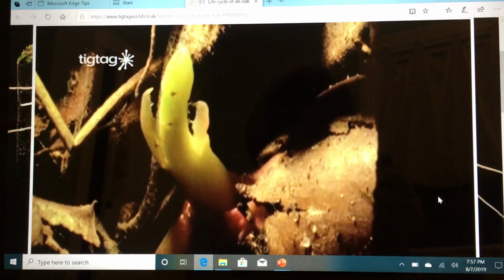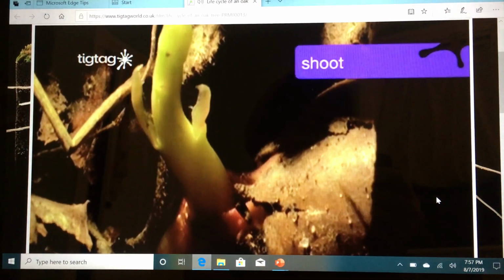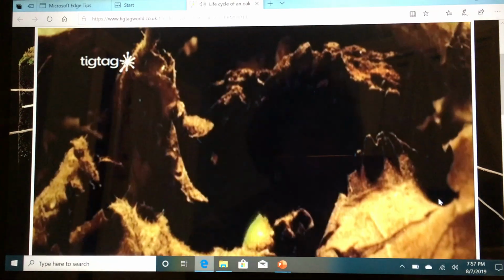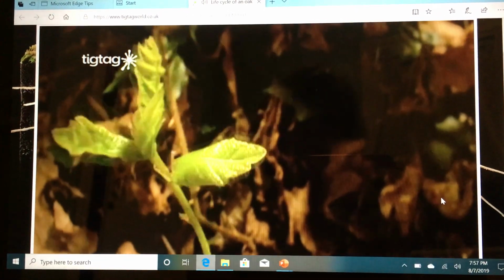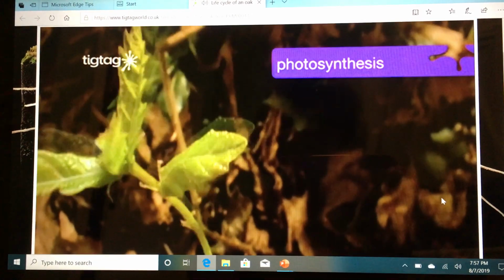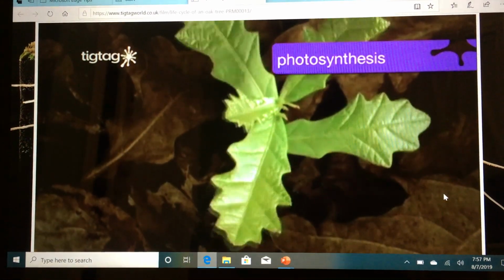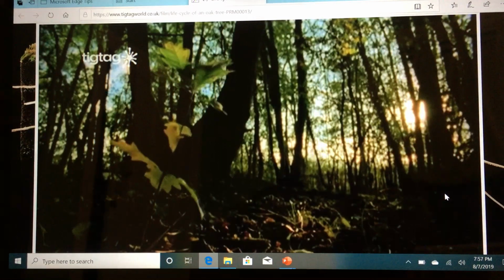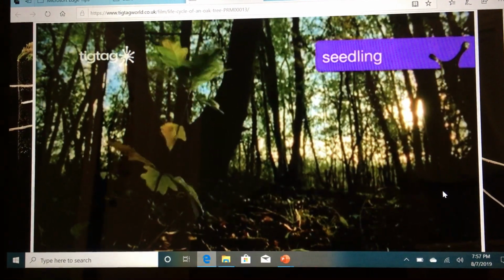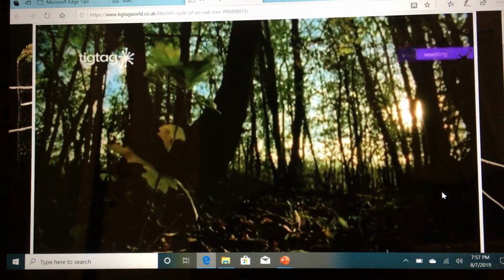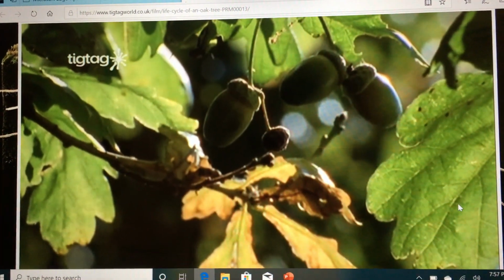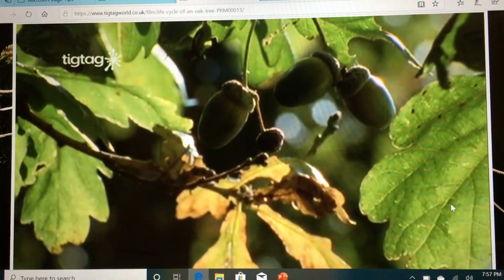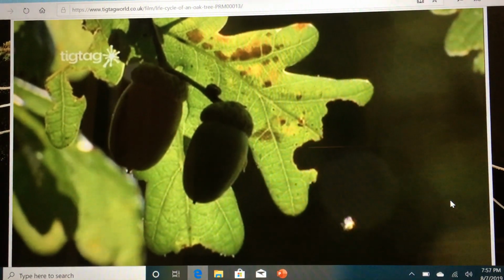As spring arrives, the seed sends up a shoot. It pushes through the leaf litter, producing its first leaves for photosynthesis. The oak tree is now a seedling. Most oak trees won't produce a good crop of acorns until they are around 50 years old.